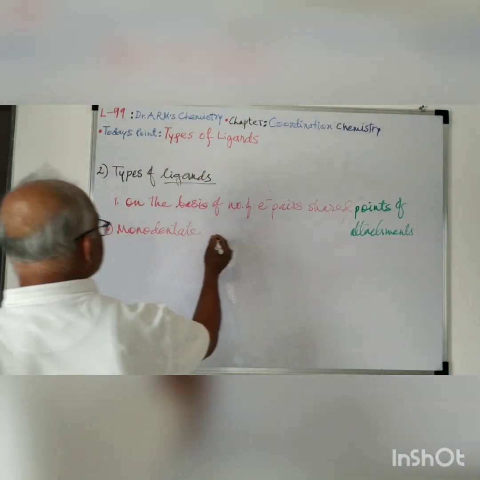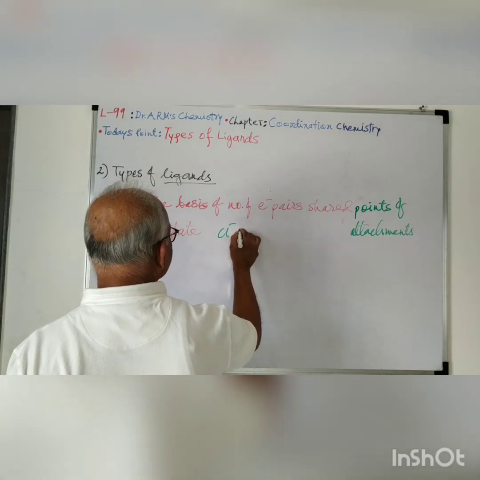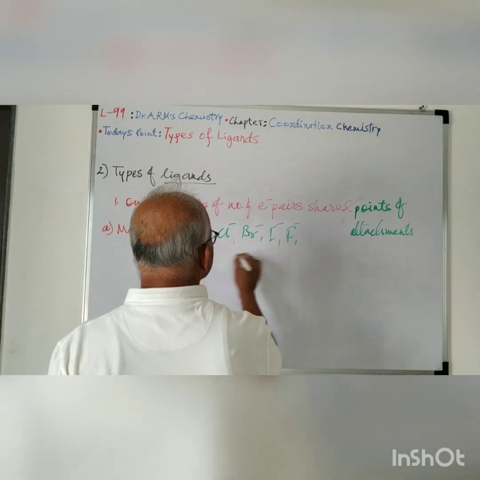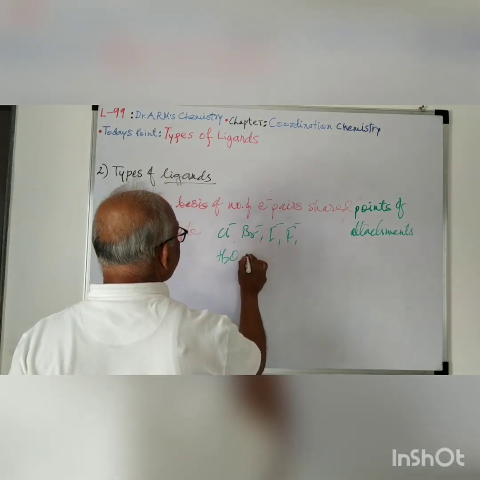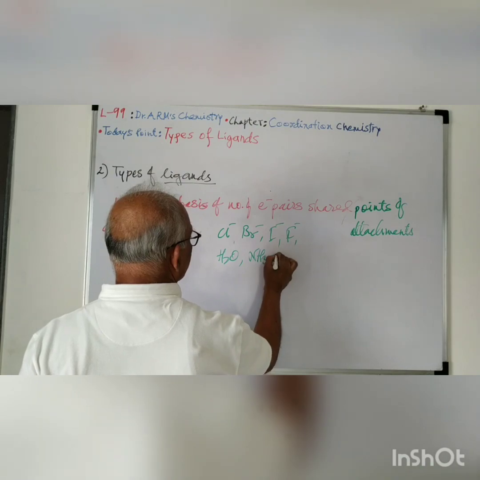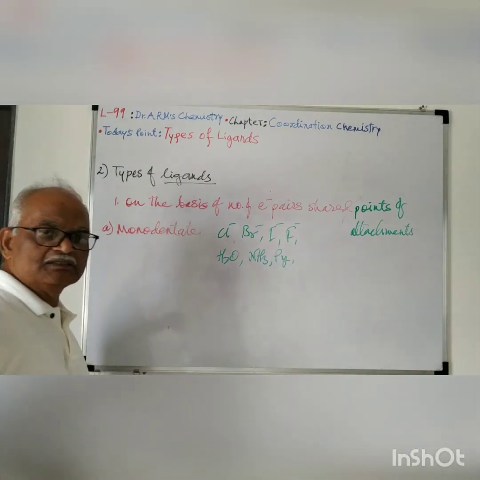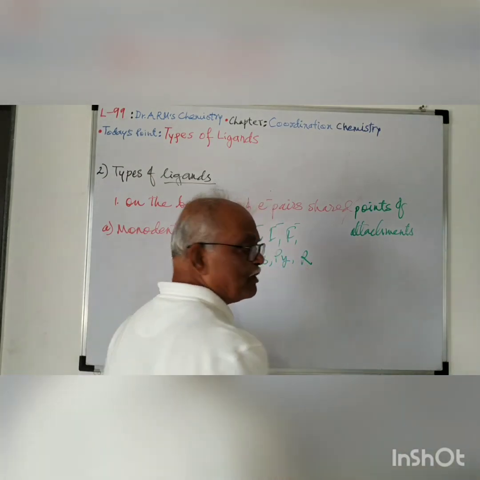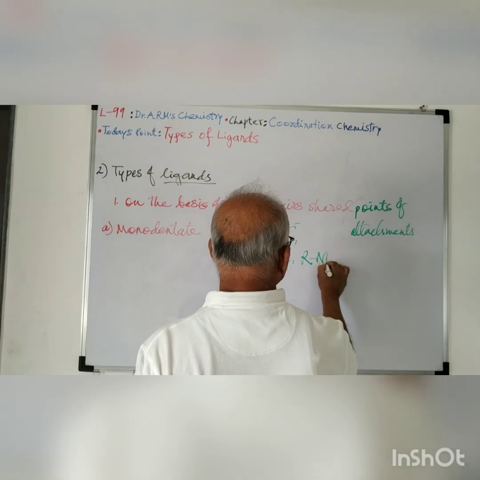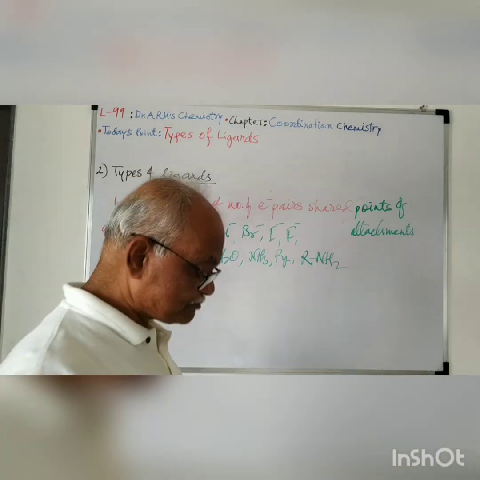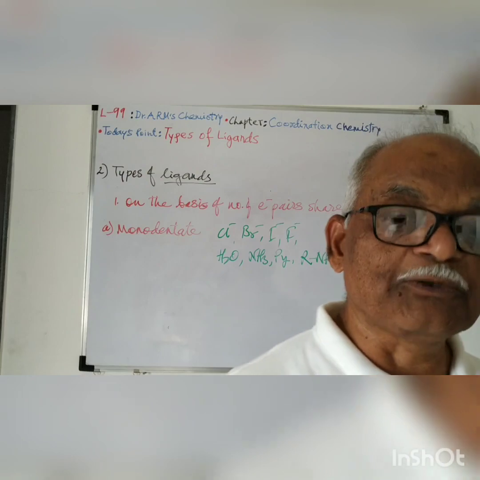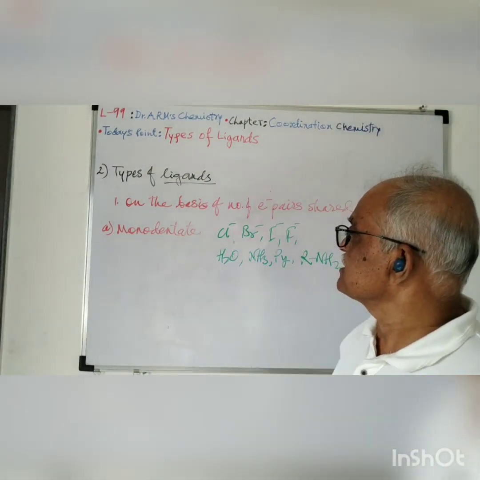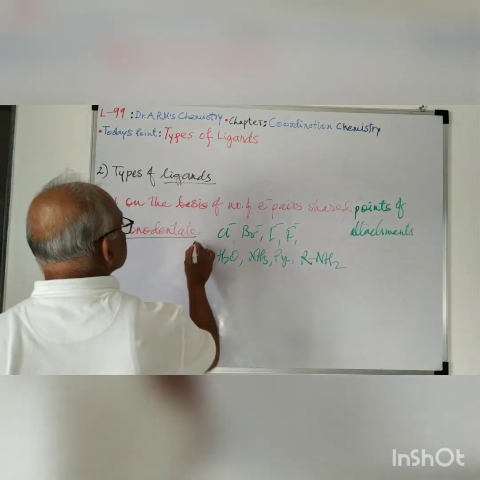Here we can take the examples of Cl minus, Br minus, I minus, F minus, or we can have H2O, NH3 or pyridine, or there are a number of other examples such as R, alkyl group or aryl group, RNH2, etc. So there are several such examples of monodentate ligands.